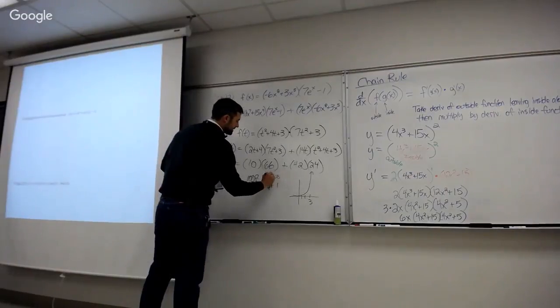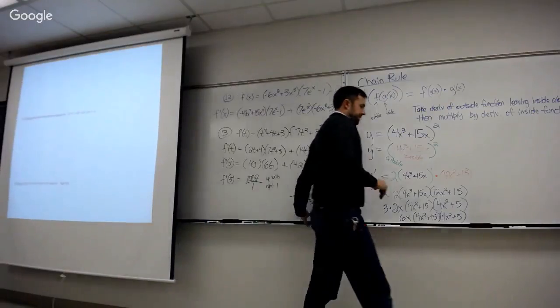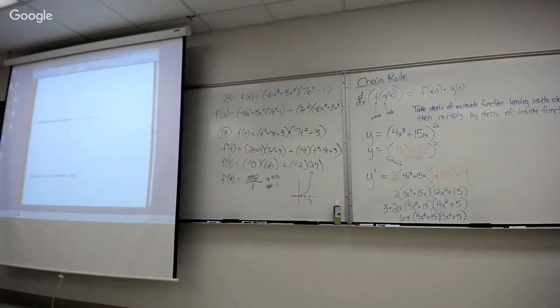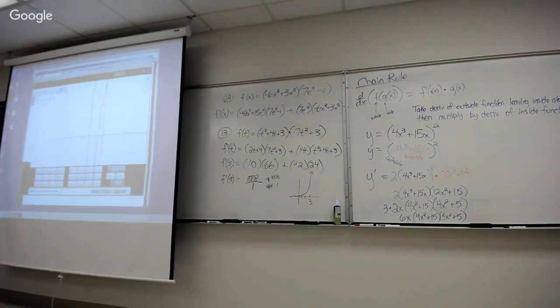Okay, in any case, it tells us that the graph is incredibly steep right there. And so, what would we expect to see if we graphed it? Pulling up Desmos. The original function, by the way, was x squared plus 4x plus 3 times 7x squared plus 3. I think the answer is 1,668 because you add the 660.